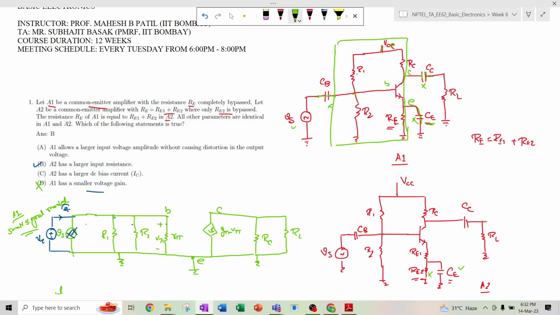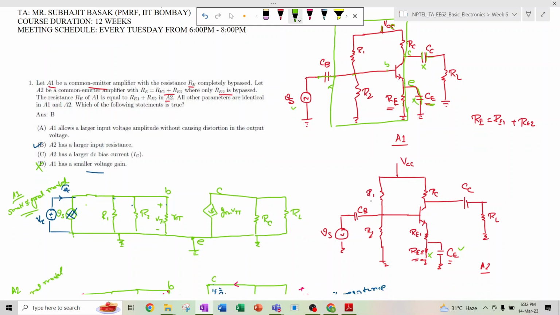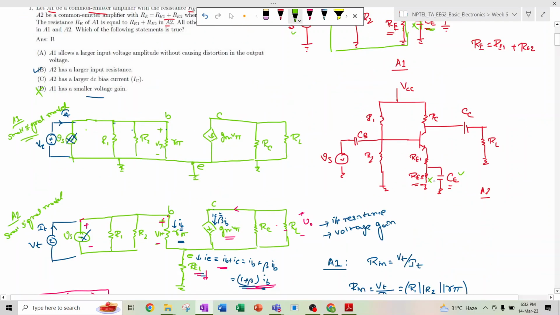For the A1 configuration too, if we ignore these capacitances, RE1 and RE2 are in series and form RE. So for both the A1 and A2 configurations, the DC bias current IB will be the same.